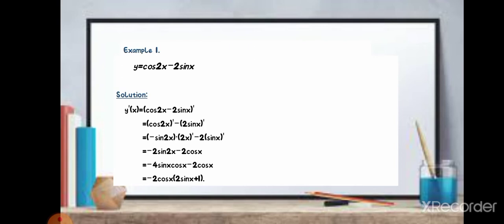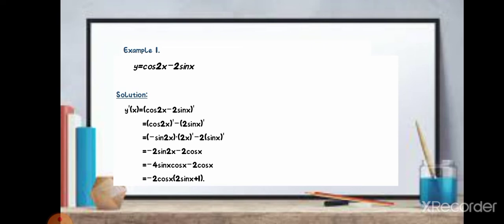So using the linear properties of the derivatives, the chain rule and the double angle formula, we obtain y'(x) is equal to negative sine 2x times 2, minus 2 cosine x, is equal to negative 2 sine 2x minus 2 cosine x, is equal to negative 4 sine x cosine x minus 2 cosine x.